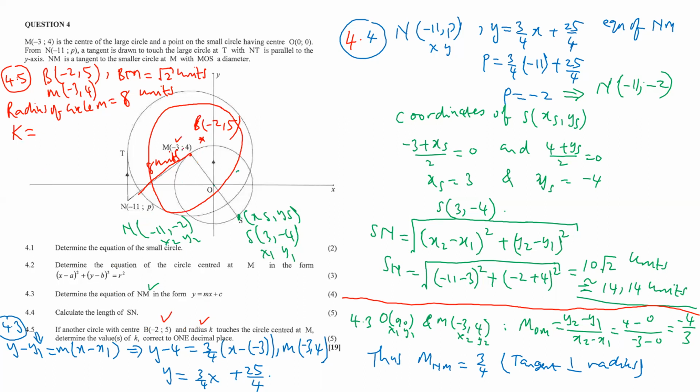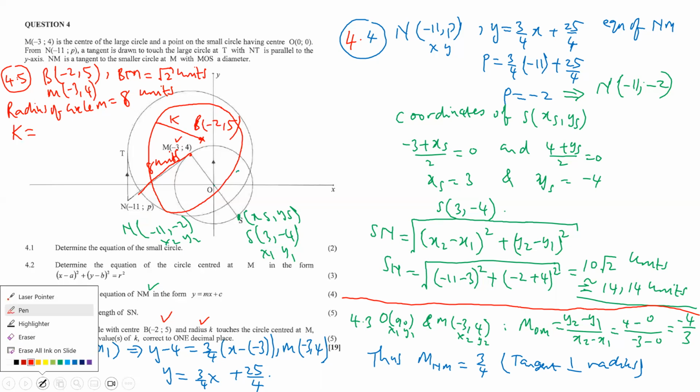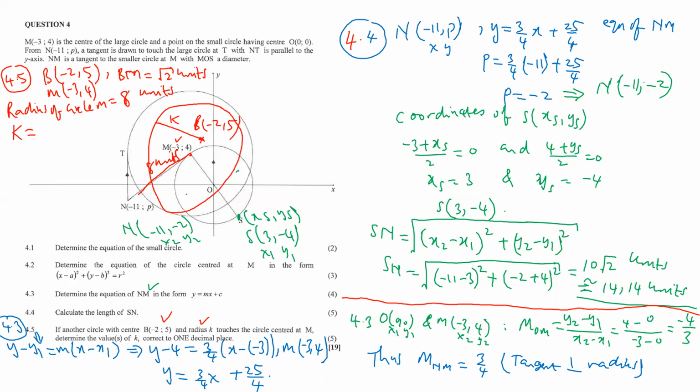So which means now if the radius of this one is K units, it's K units. And now we can even extend it here. So we are saying BM is the square root of 2 units.